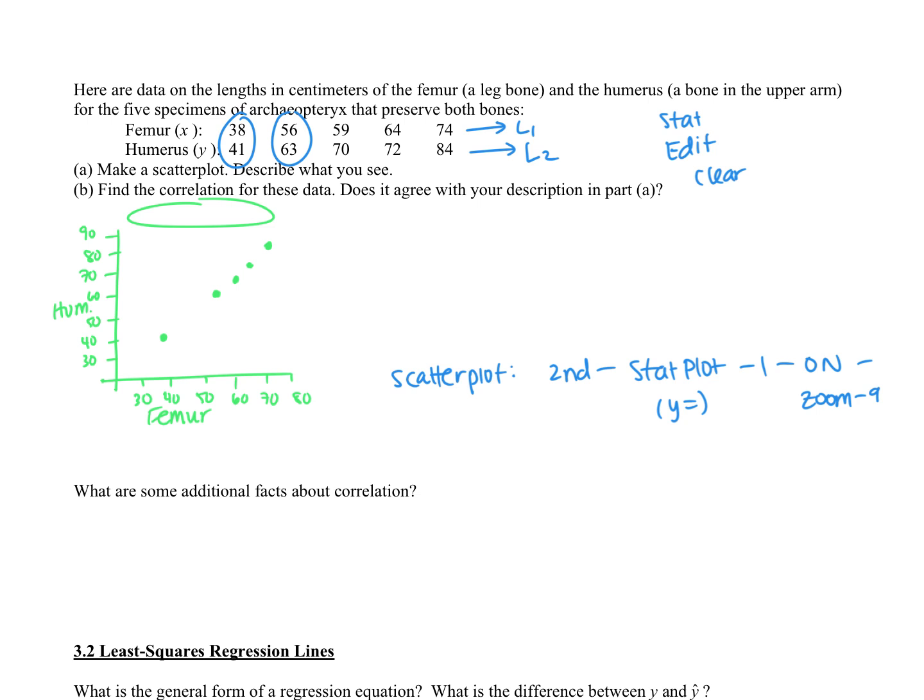And you should see a scatter plot that looks exactly like the scatter plot you drew. Can you show your scatter plot to the person next to you to make sure you both have a scatter plot and they look the same? Hit zoom and then the number 9. Okay, zoom 9. There we go. This does look like what I drew. Scaling's a bit better.